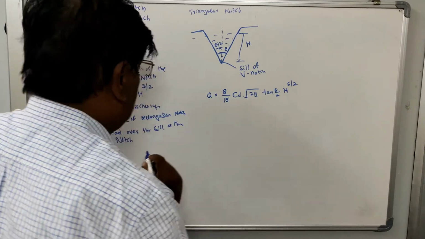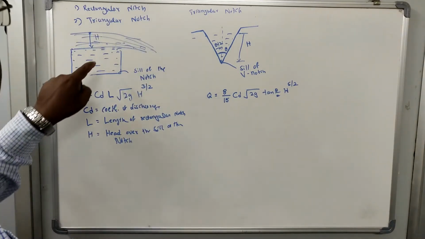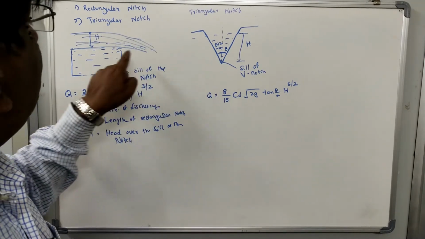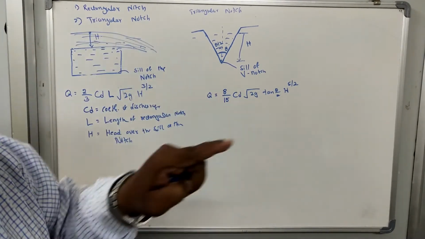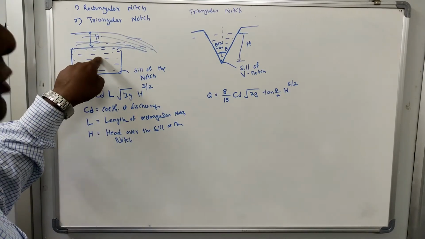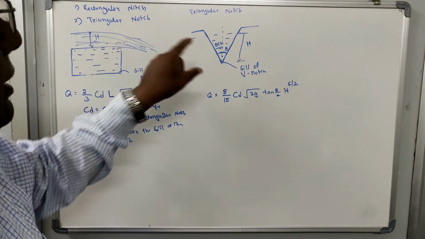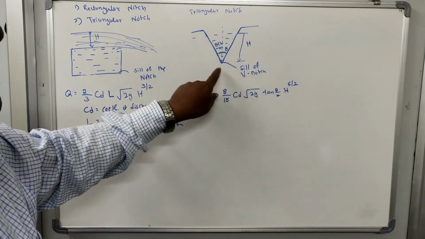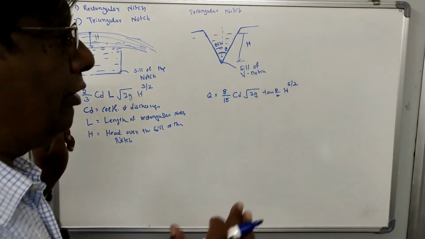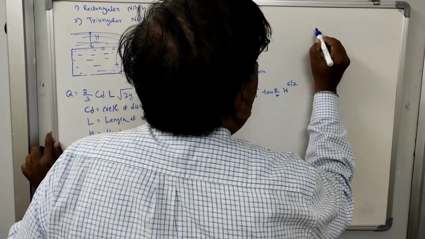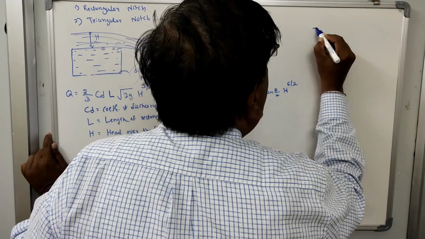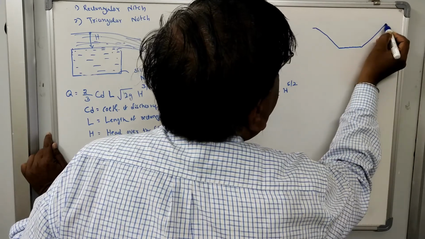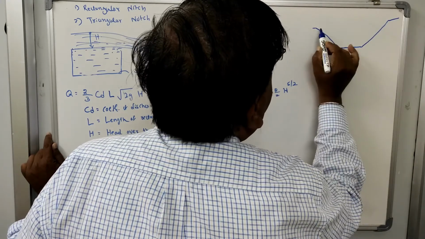So now, this is the classification of notches or weirs based on the shape. This is the rectangular notch because the shape is a rectangle. This is the triangular notch or V-shaped notch because the shape is triangular. Suppose you have a trapezoidal notch like this.